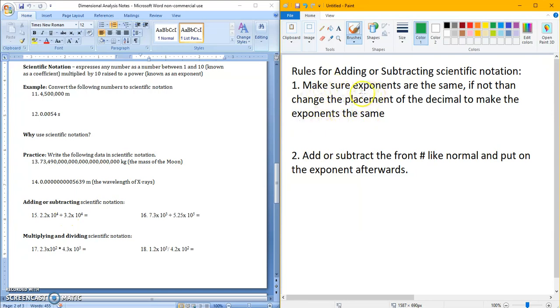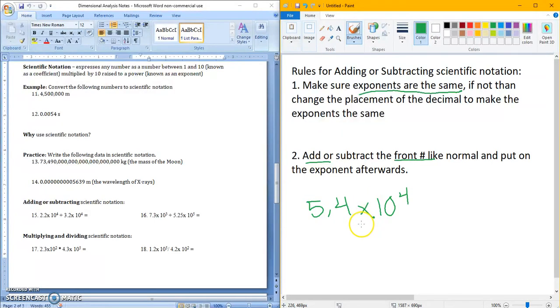My exponent is the same. So now all I have to do is just add the front number like normal. So I would take 2.2 plus 3.2 is 5.4. All right. And then I add the exponent on afterwards. Times 10 to the 4th.